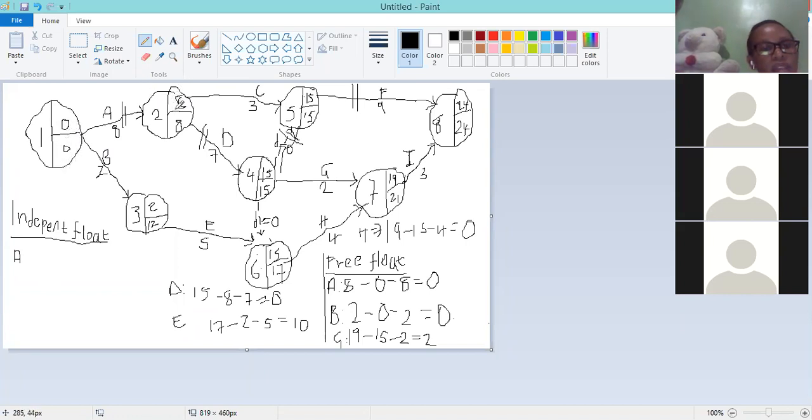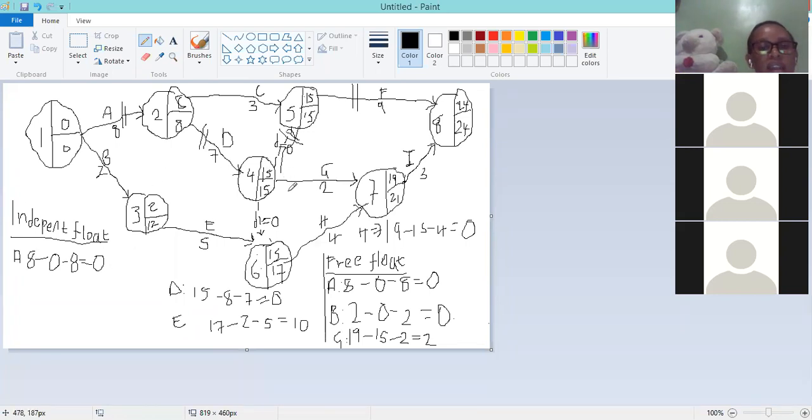I repeat, the earliest event time of number 2 minus the latest event time of number 1, and then we subtract the duration in question. So we are going to have 8, minus 0, and then minus 8. And because this was a critical activity, the expectation is that the independent float is supposed to be 0. No other value for a critical activity.